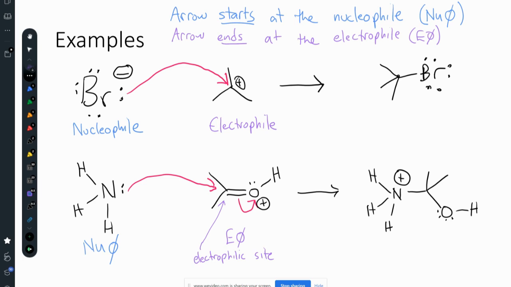What do you think would make for a good nucleophile? Negative charge definitely is going to be helpful for a nucleophile, right? It's going to be more likely to go out and share electrons if it has a negative charge. Other ideas?